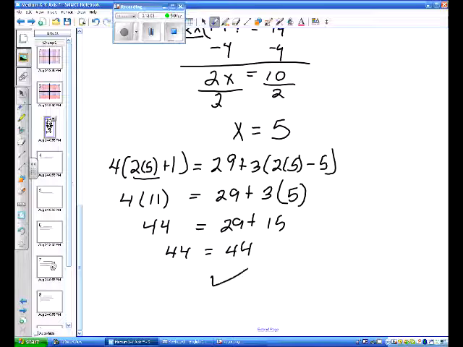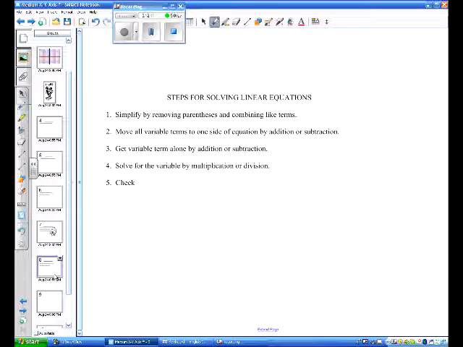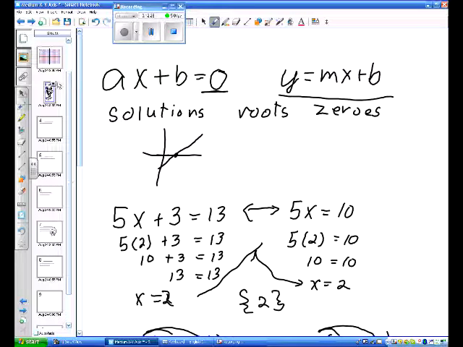So it checks out. So we can keep going through our steps for solving equations, and those are the steps that we'll use on every one. And again, they don't get real complicated as long as you've taken care of step 1 of simplifying by removing the parentheses. And let's look at one more and go through it.